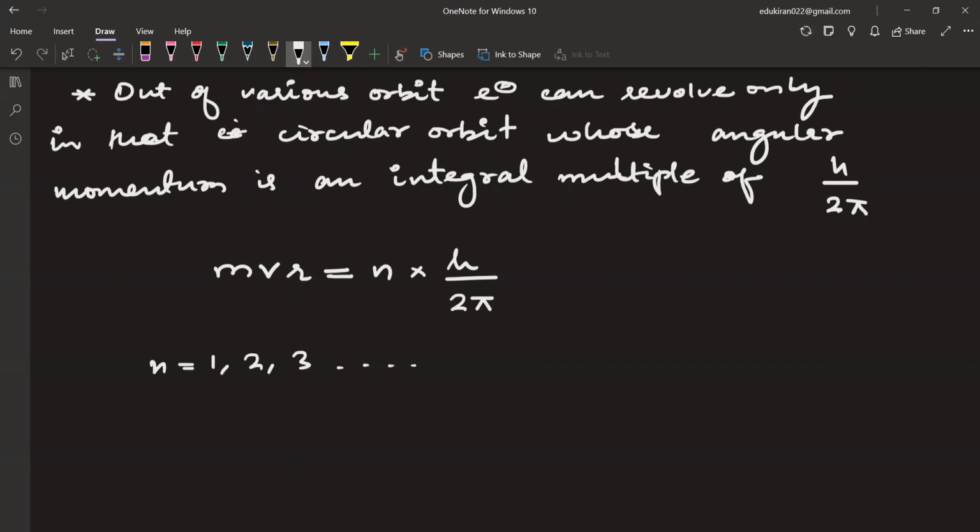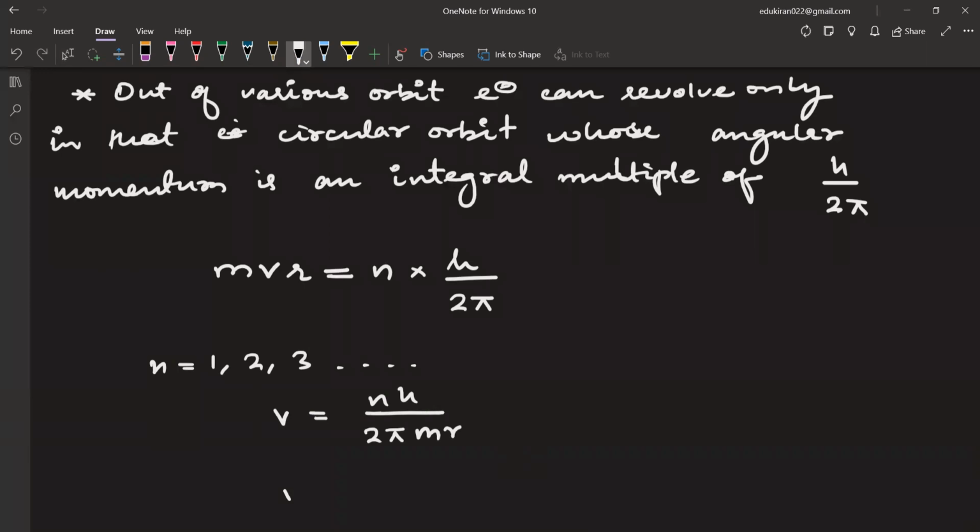That means he was constructing the radius of these atoms. What will V be equal to? V will be equal to n h upon 2 pi m r, yes or no?